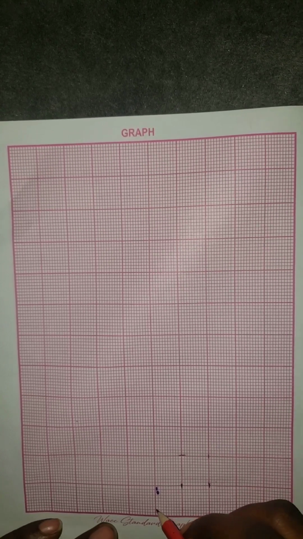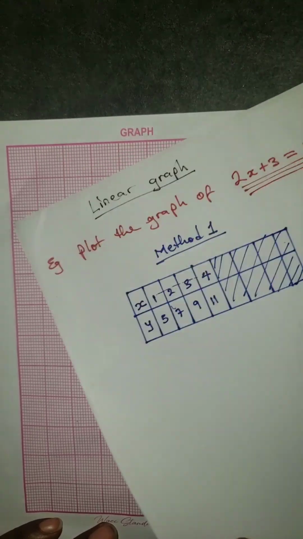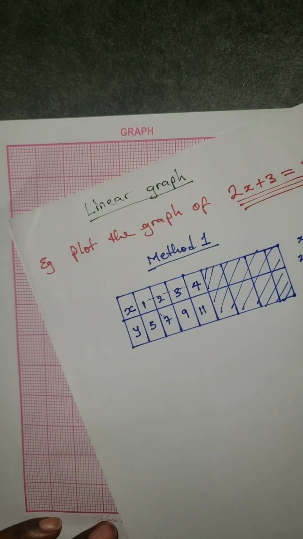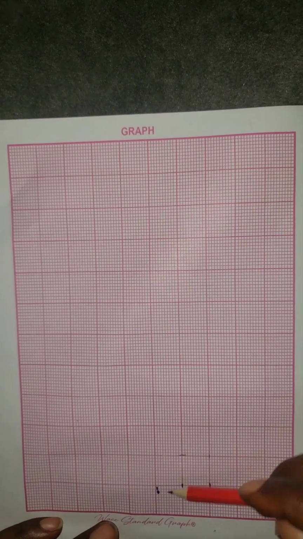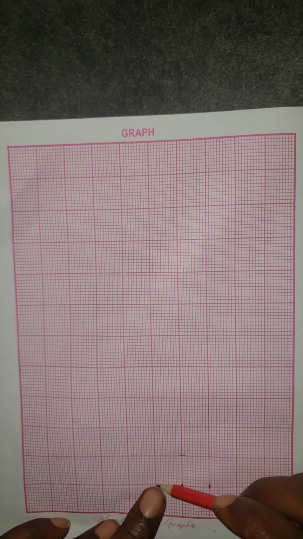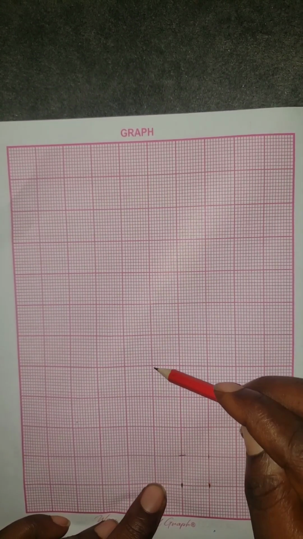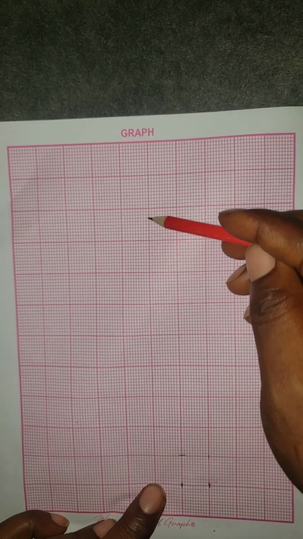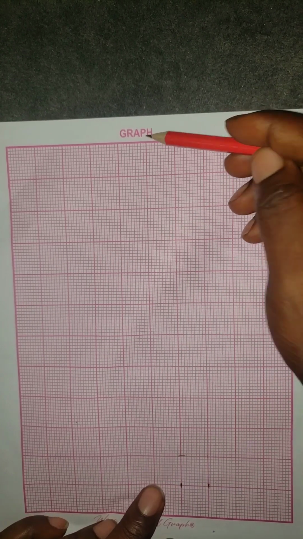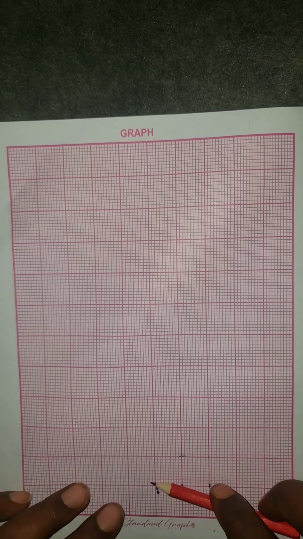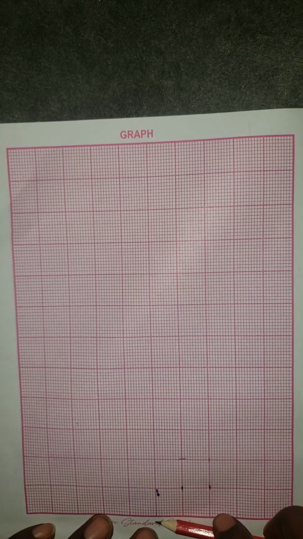So if we take 2 cm to represent 1 unit, can we get up to 11? Let us check that. If you take here as 0, 1, 2, 3, 4, 5, 6, 7, 8, 9, 10, 11, it will make our graph go so far down.